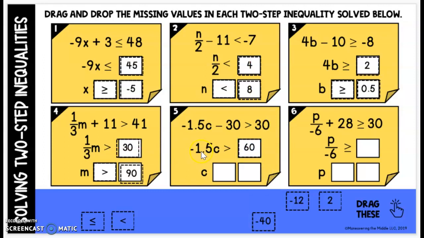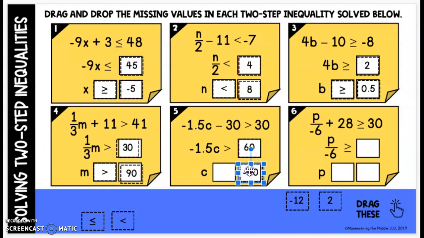And then I have negative 1.5c, so I need to divide at this point. Because I cannot do this in my head, I'm going to take out my trusty calculator. I'm going to divide by 1.5c on both sides. So I have 60 divided by 1.5 equals 40, but it's a negative 40 because I had a negative 1.5.